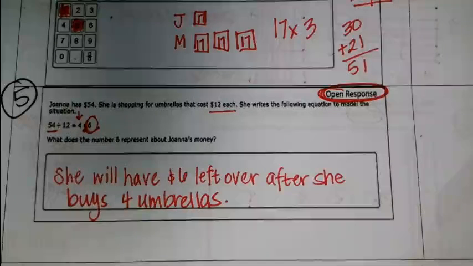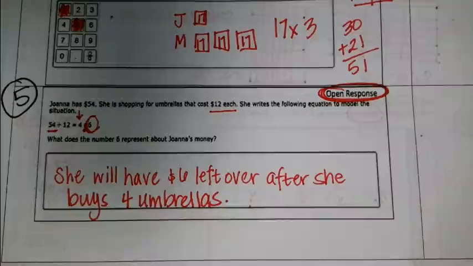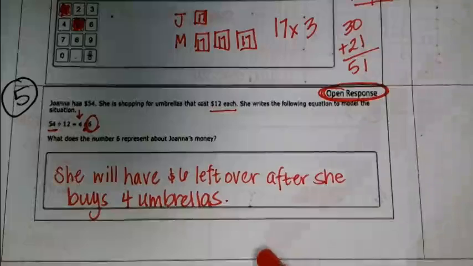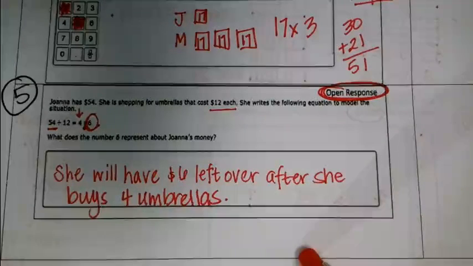Your open response answers need to be written in a way that someone who does not know you can understand. So you have to be specific. You need to use complete sentences. You need to make it make sense. These are ones that you can have right, and then you can type your answer and it does not make sense how you typed it, and then you end up getting it wrong.